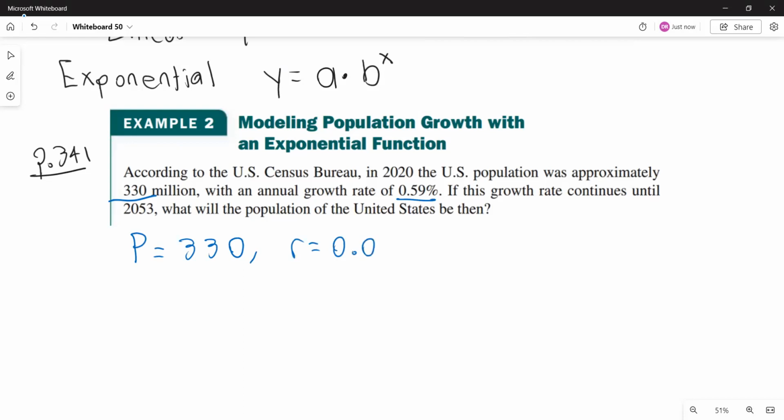This growth rate is still a percent, so as a decimal, that's going to be 0.0059. And n is 2053 minus 2020, so n is 33.